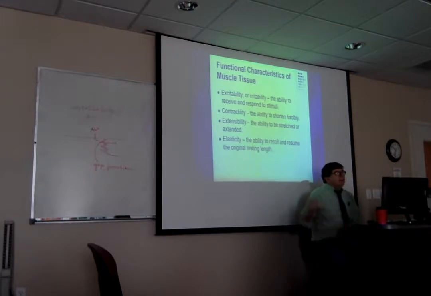Now, muscle is also extensible. You can stretch it. And on top of that, it exhibits elasticity, meaning that once you let go, it recoils, assuming the original length. So those are all characteristics of muscle tissue.